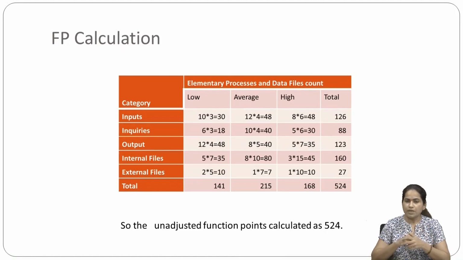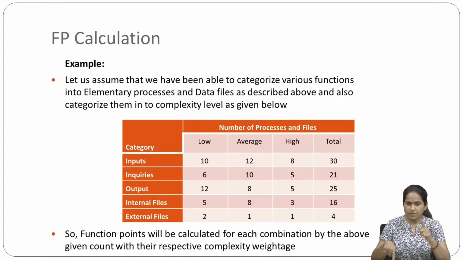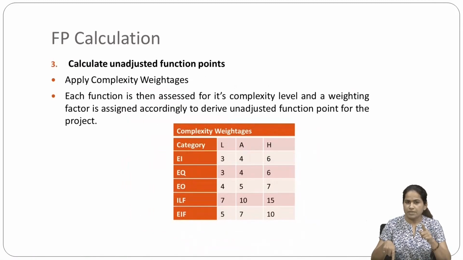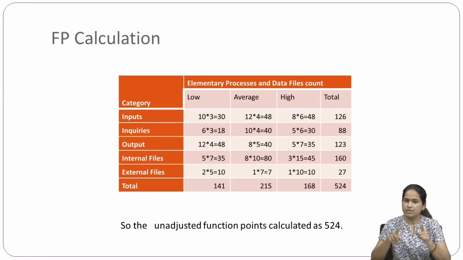What have we done? Whatever input files we have, in the first one the input is 10 and its complexity weightage is 3. So 10 into 3 is equal to 30, and so on.